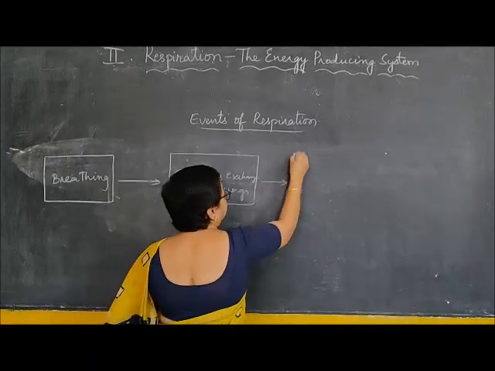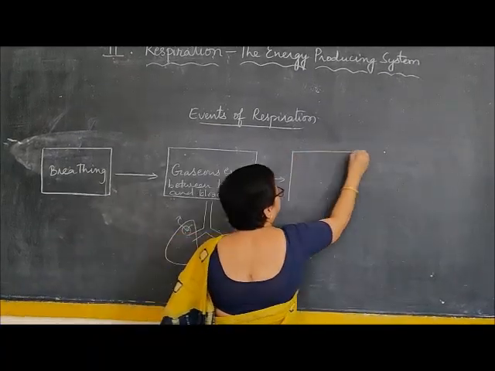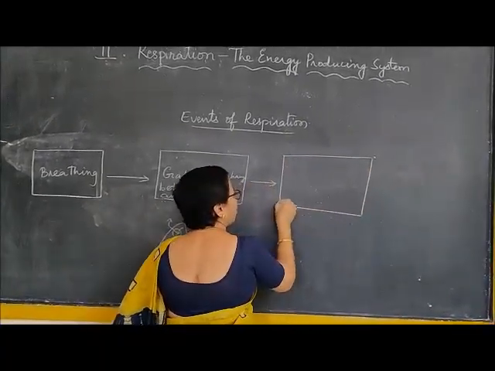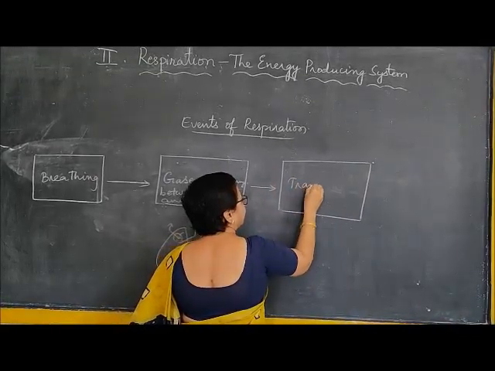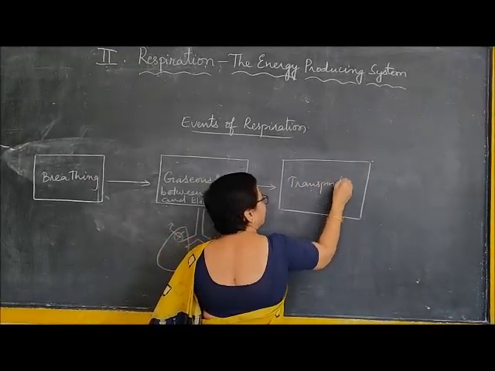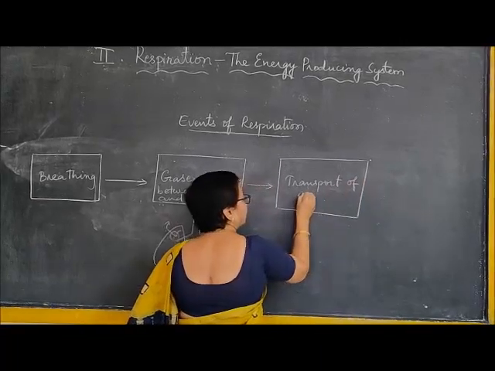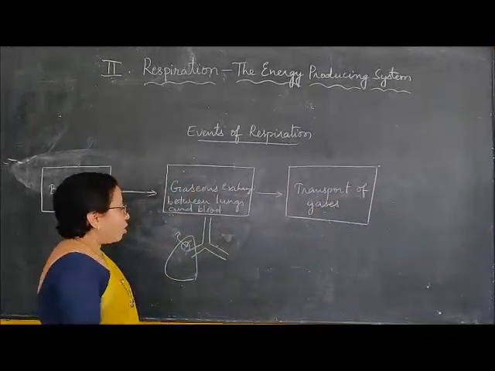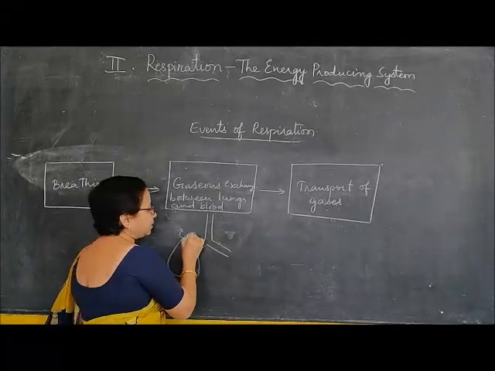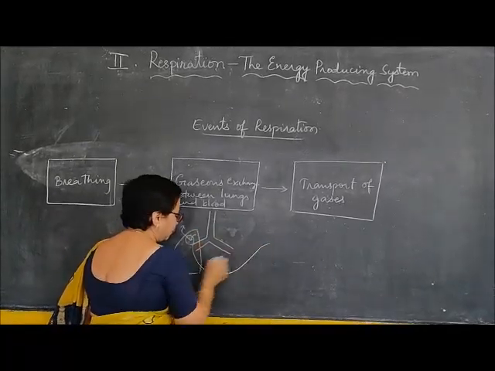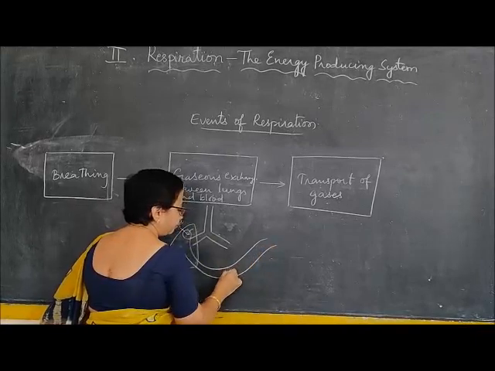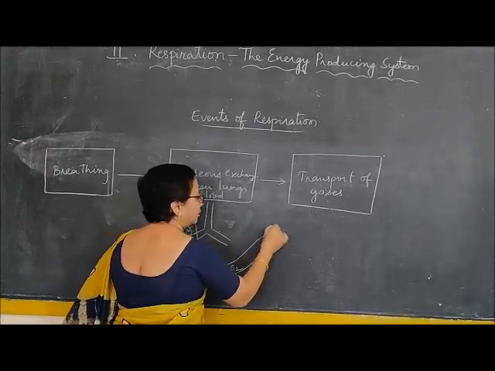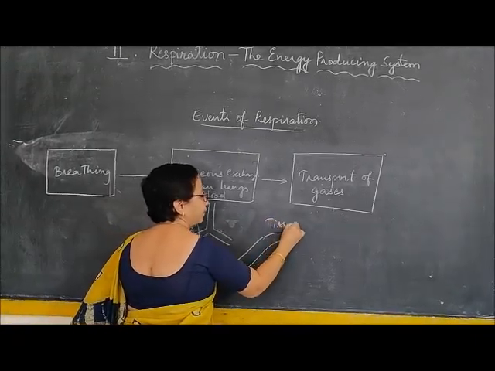The third step is transport of gases. Oxygen from the lungs is transported by the blood to the tissues.